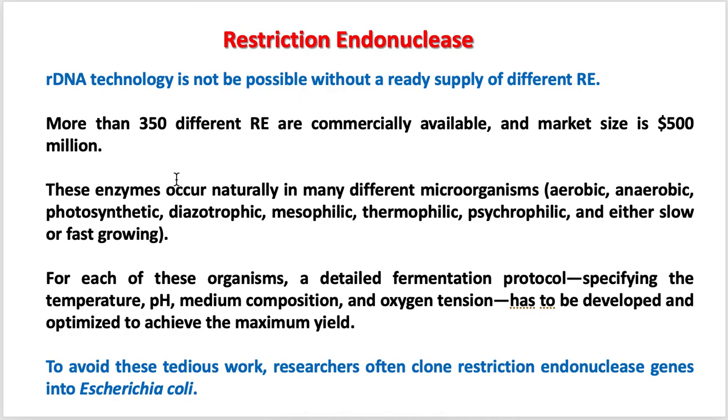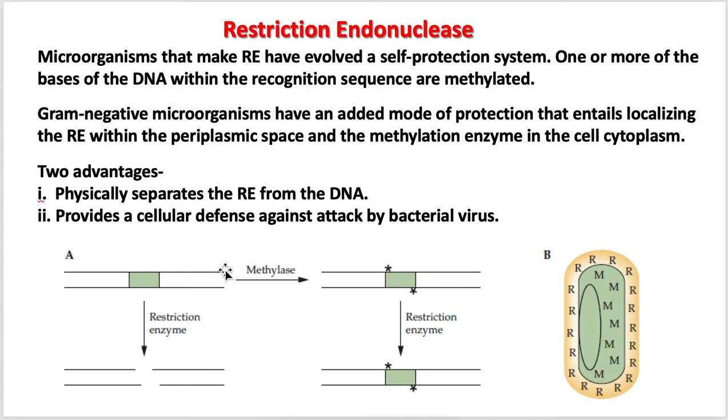So why do microorganisms produce RE? Basically it's a defense, a weapon for them. The microorganisms, especially bacteria, use these restriction endonuclease enzymes to protect themselves from invading foreign DNA, say for example bacteriophage, or invading foreign particles.